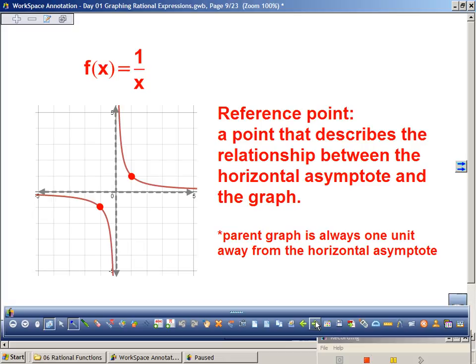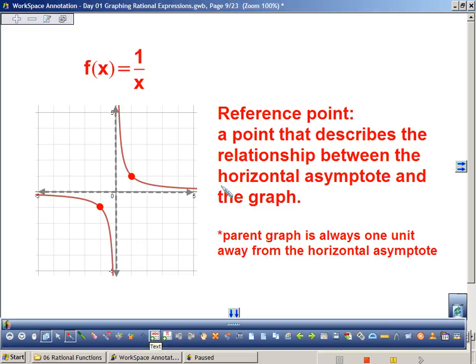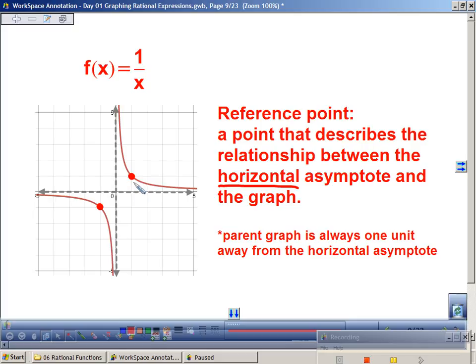Reference point: a point that describes the relationship between the horizontal asymptote and the graph. I say the horizontal asymptote because when this reference point moves, it's still going to stay 1 unit away from the vertical. It's only going to change in its distance away from the x-axis.